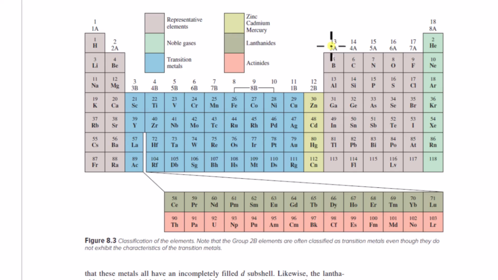Well, it's always going to be the case with the representative elements that these final orbitals that are going to be either unfilled or partially filled all have the same principal quantum number. It's going to be the highest principal quantum number. What they're saying is that with the representative elements, you're never going to have a case like chromium, where the electron configuration was 4s1 3d5, with the d orbitals half filled.